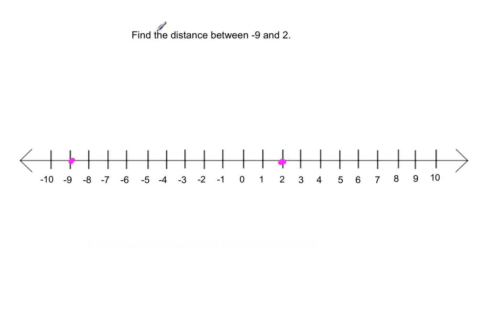So again, I'm going to take the absolute value of 2 minus a minus 9. Remember, when I'm looking to find the distance between two numbers, I'm actually taking their difference, but I need to take the absolute value of their difference. And this is equal to the absolute value of 2 plus 9.